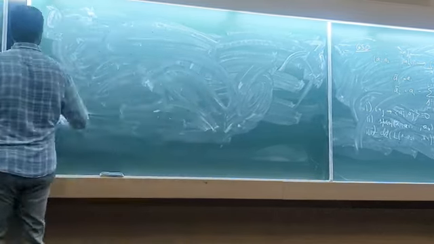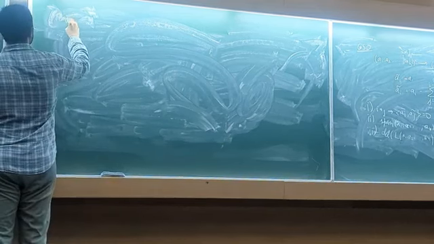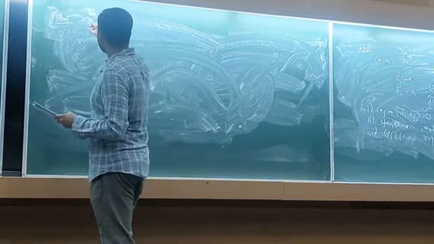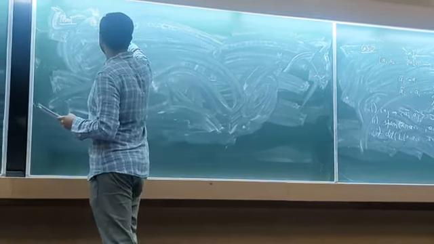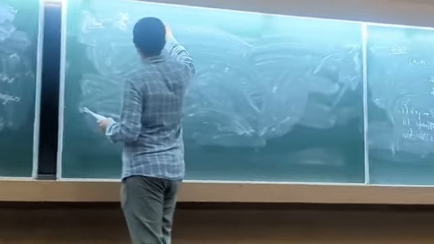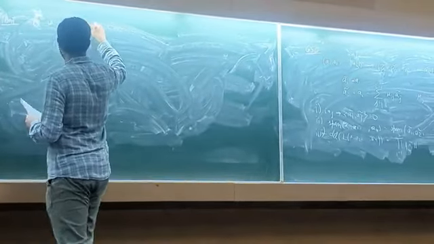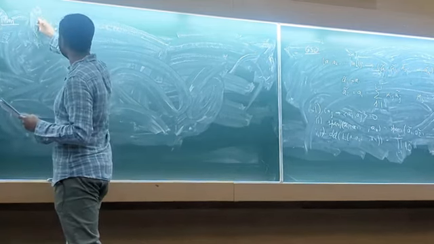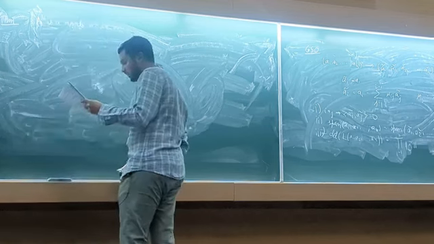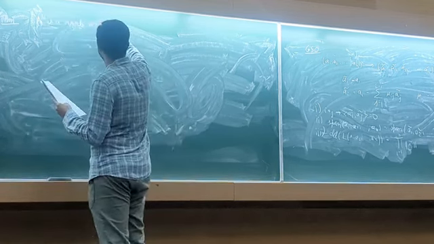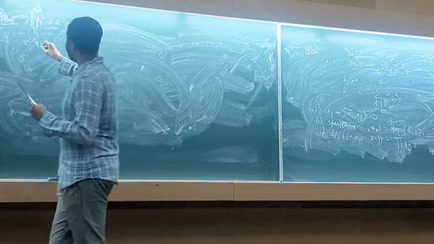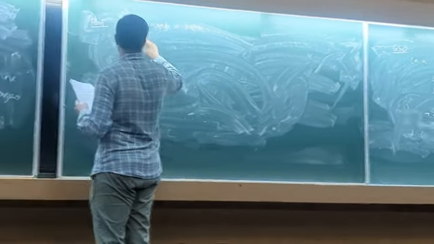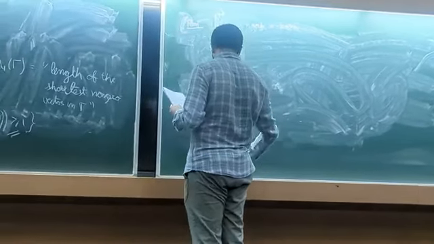We have this theorem now. So if gamma is a rank n, this should be a set of n linearly independent vectors, and let A tilde be its Gram-Schmidt orthogonalization.